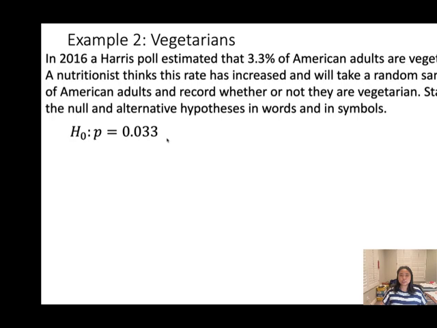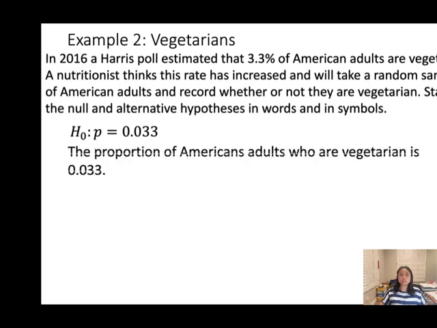And then the alternate hypothesis. You have either strictly less than, strictly greater than, or not equal to. So look at the statement here. A nutritionist thinks this weight has increased. Okay, increased, so that will be strictly greater than. I'm sorry, I forgot to state it in words in here. So strictly greater than because it has increased.